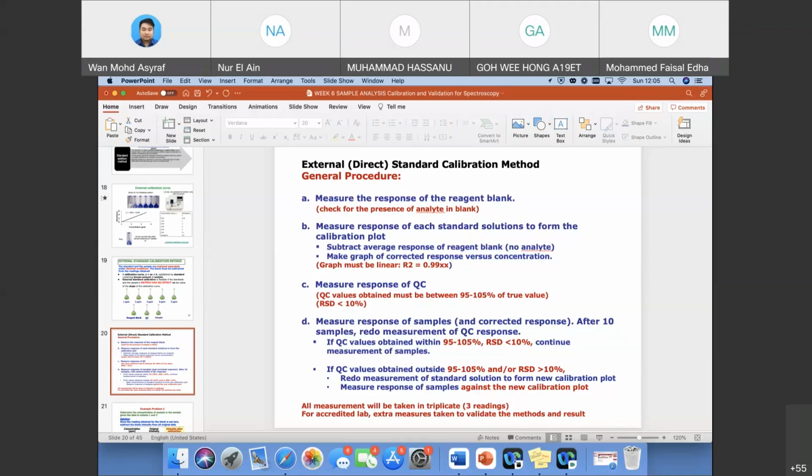If the QC value falls outside 95 to 105 and the RSD is more than 10%, you need to redo your calibration curve again, and measure with the new calibration plot. All of the measurements need to be taken in triplicate. As I mentioned earlier, triplicate analysis is the norm of analytical procedures.